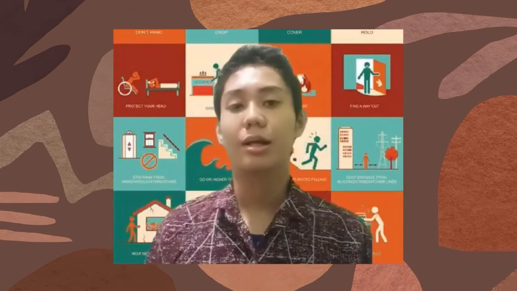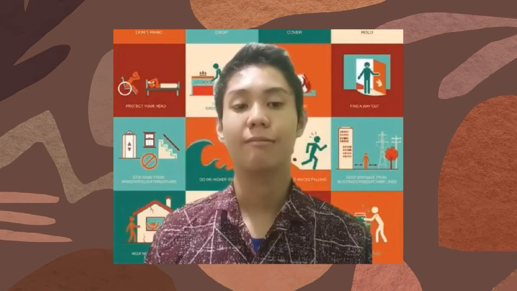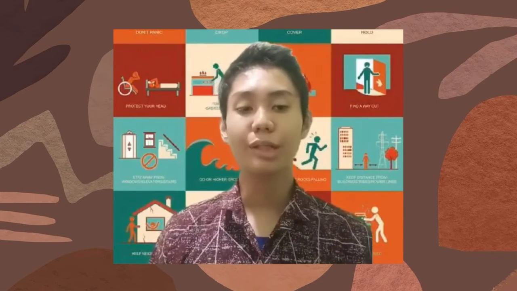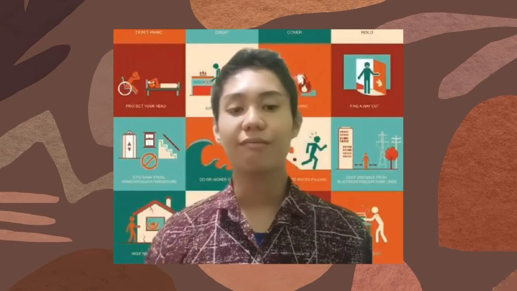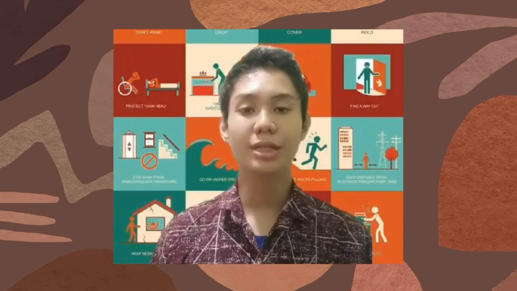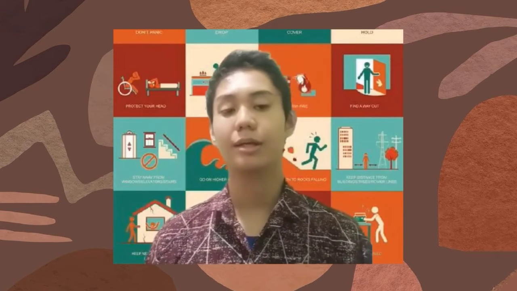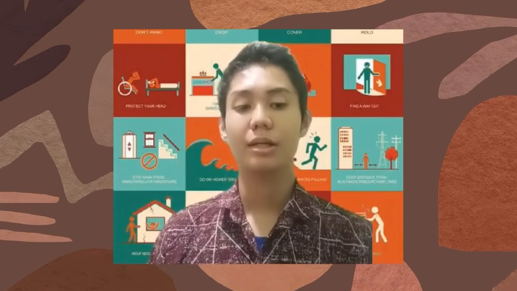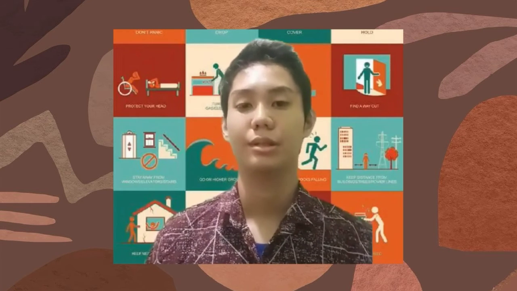Third, learn how to turn off the gas, water, and electricity. Fourth, make a plan of where to meet your family after an earthquake. Fifth, don't leave heavy objects on shelves as they might fall during an earthquake. And finally, learn the earthquake plan at your school or workplace.